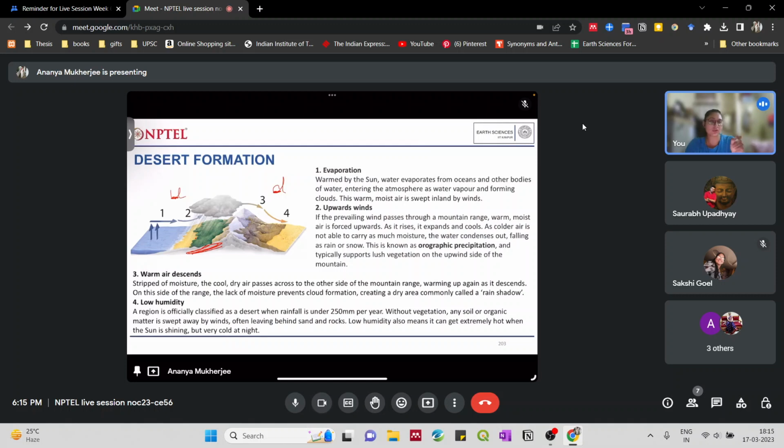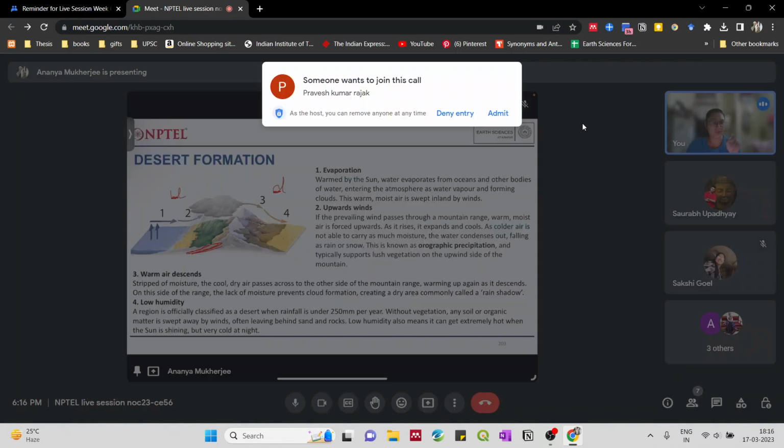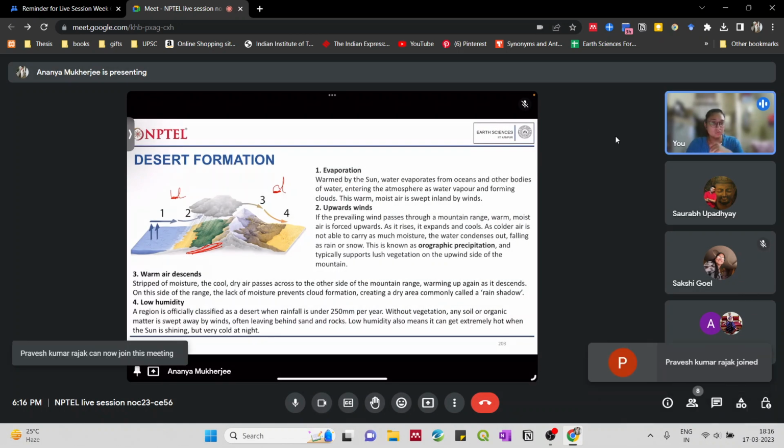See, in the southwest also that area is not receiving rainfall. The southwest monsoon is going to turn and give rainfall on the western part of India, so it's not moving towards that side.